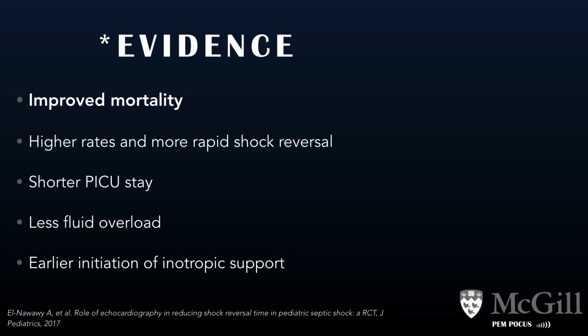In a smaller study of PICU children, including 90 kids with septic shock, randomized to conventional PICU care versus serial echocardiogram, there was improved mortality, higher rates and more rapid shock reversal, shorter ICU stay, less fluid overload, and earlier initiation of inotropic support. More studies are needed in order to prove whether or not the RUSH protocol can impact outcome in children.